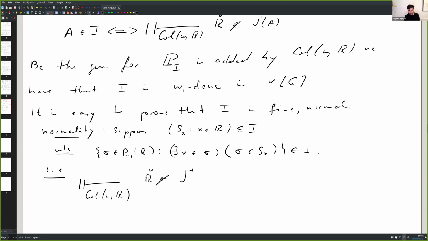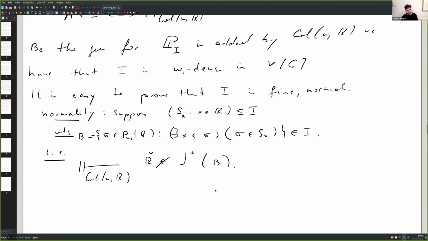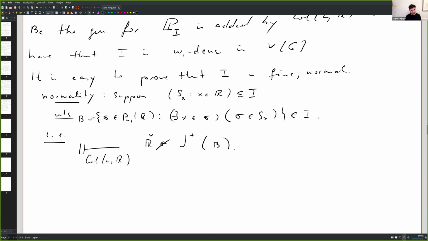But what is J plus of this? Let me call this set B. Is in J plus of B. Okay, so let's assume the opposite, meaning the collapse does not force this.